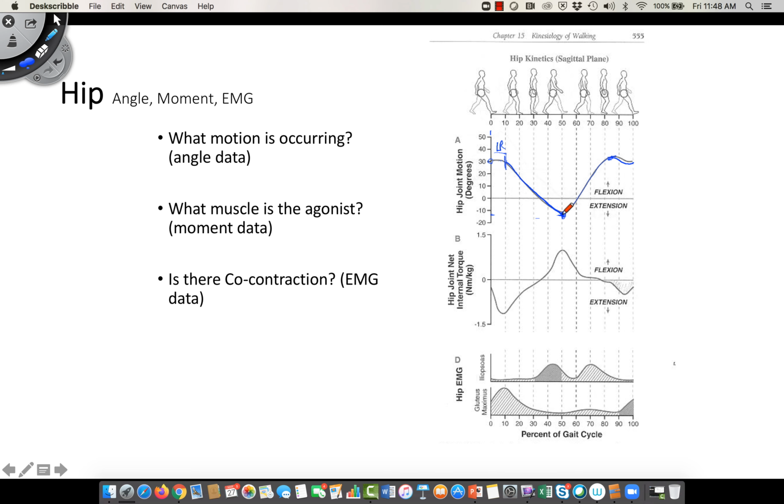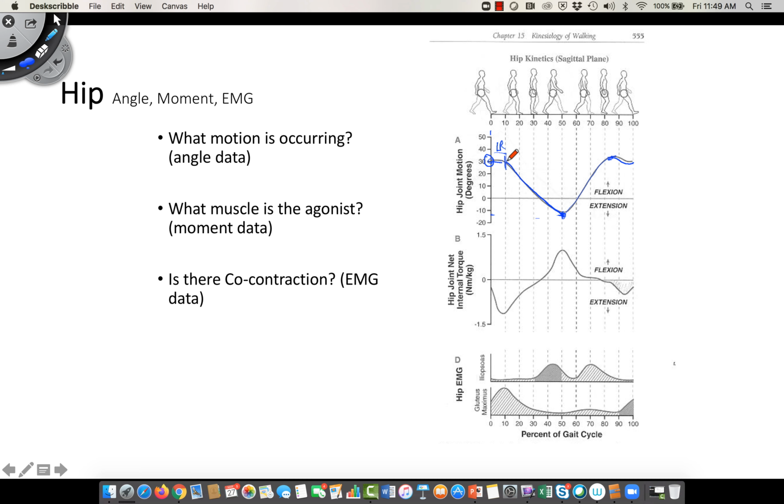So let's look at the different moments that are associated with some of the phases here. Remember that the key kinematics are that we land in 30 degrees of hip flexion. That's fairly static until we reach foot flat or opposite toe off.